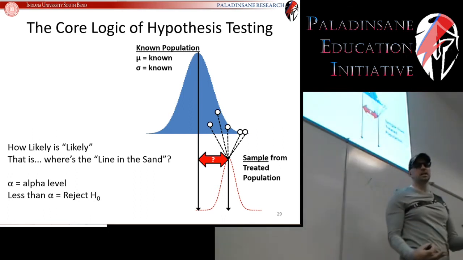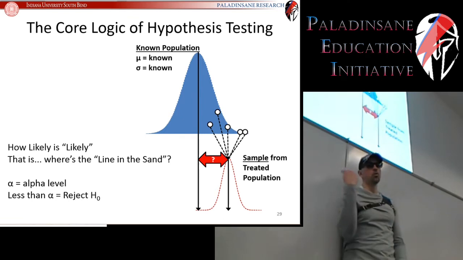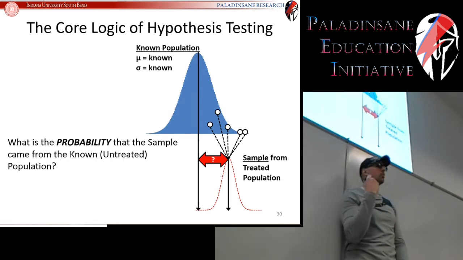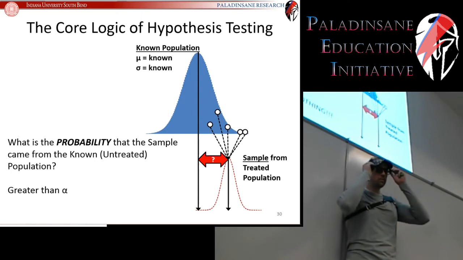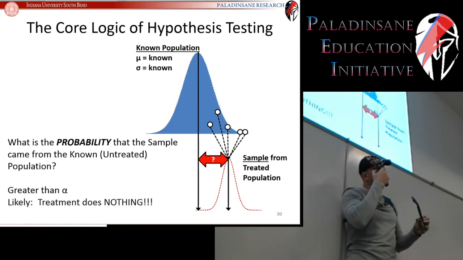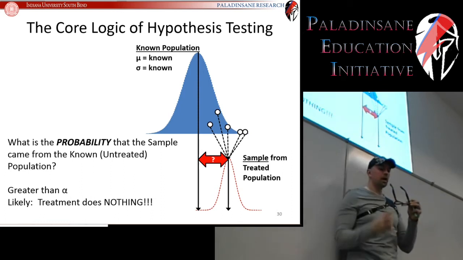So that's the idea. We're trying to figure out where our sample comes from by figuring out how likely it is to still belong to the population. If the probability is greater than your alpha level, we conclude that the treatment does nothing, that your sample still belongs to the population.